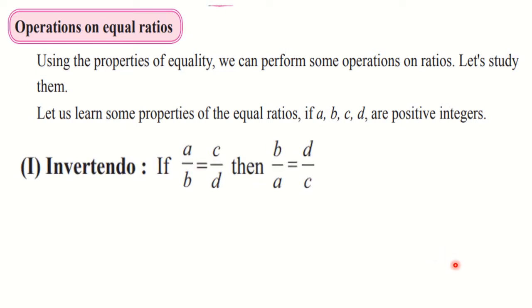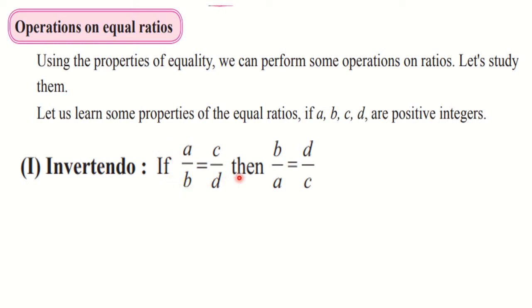The very first operation is invertendo. Here if A upon B is equal to C upon D, that means two ratios are equal, then we can write the same ratios in the form of B upon A equal to D upon C. We are doing the inverse here. Denominator is transferred to numerator and numerator is transferred to denominator.